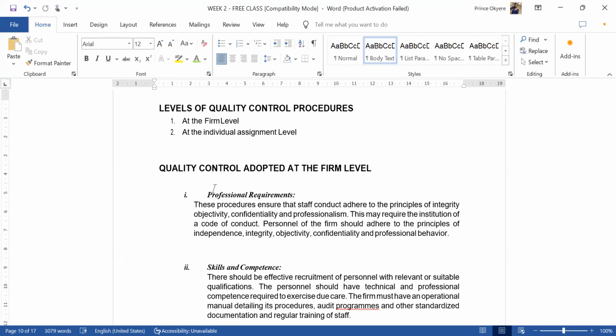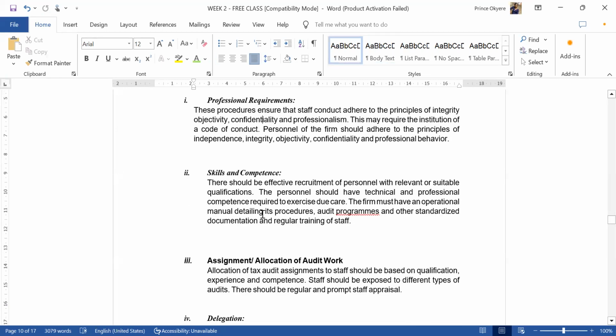Tax auditors shouldn't be seen gambling in open spaces, arguing. There are certain things that demean the profession. So companies are supposed to ensure, in ensuring quality of the work they do and building trust in society, that the firm pictures itself in a professional way in all they do.